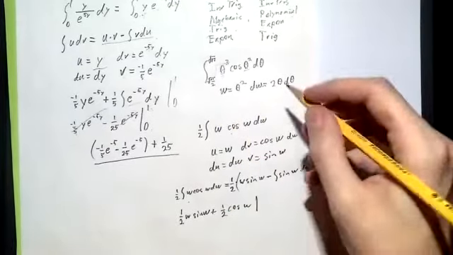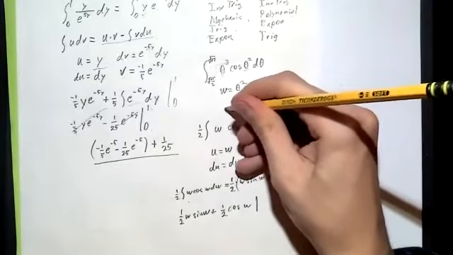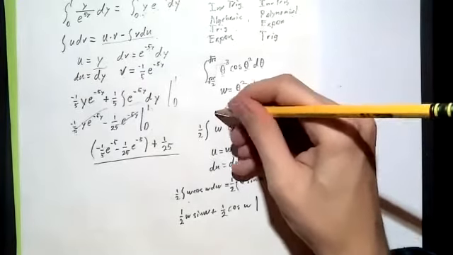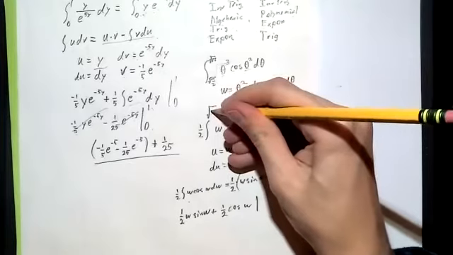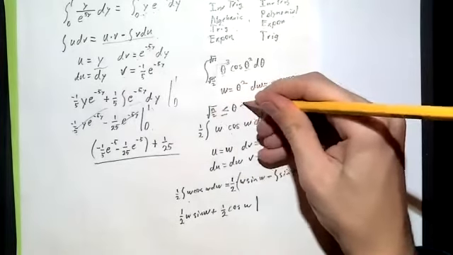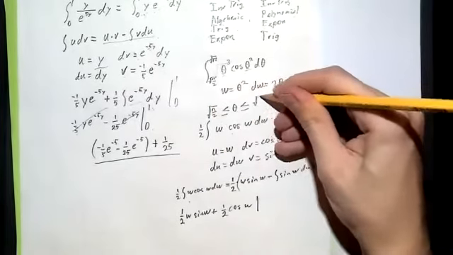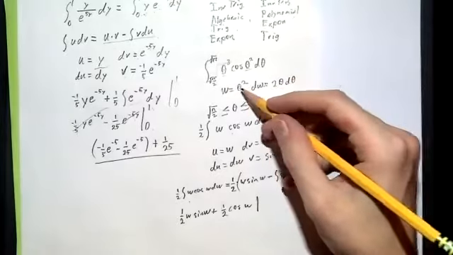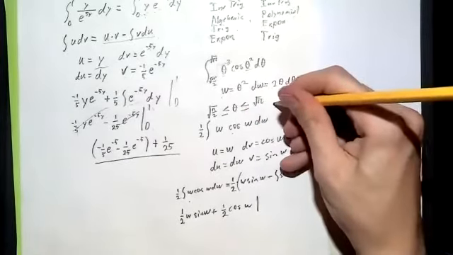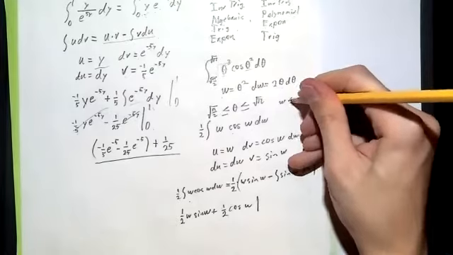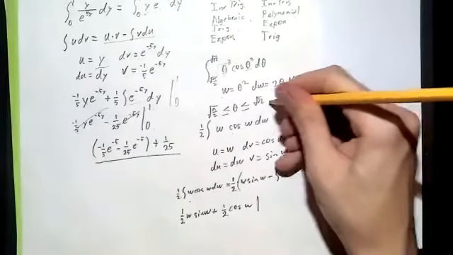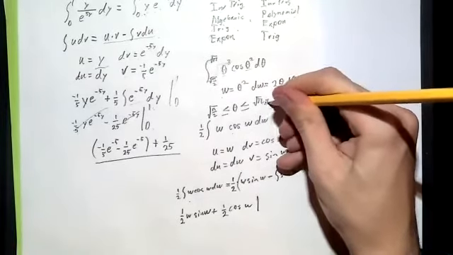Since we know that theta is going to be between the square root of pi over 2 and the square root of pi, when we plug in theta squared for w, we get w is going to be between pi over 2 and pi.